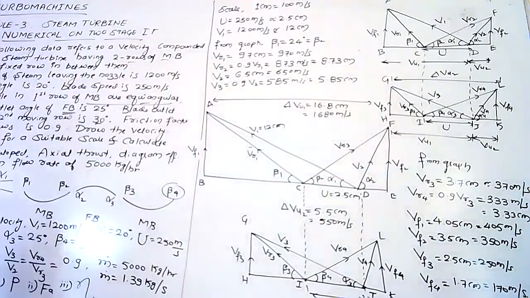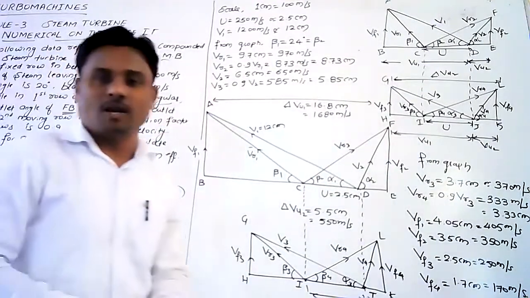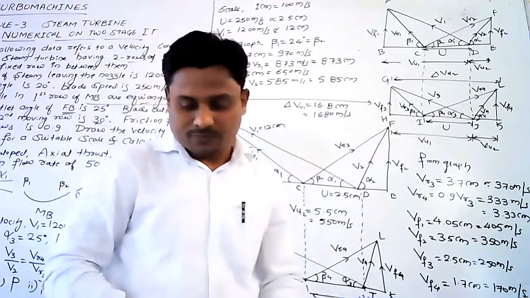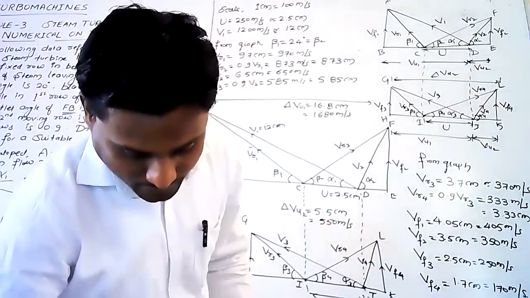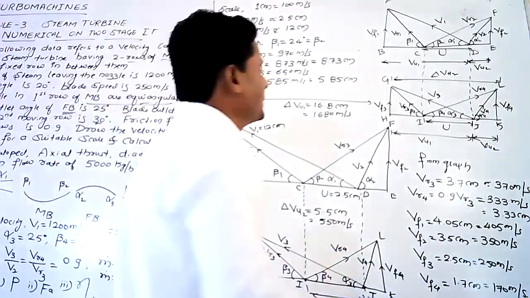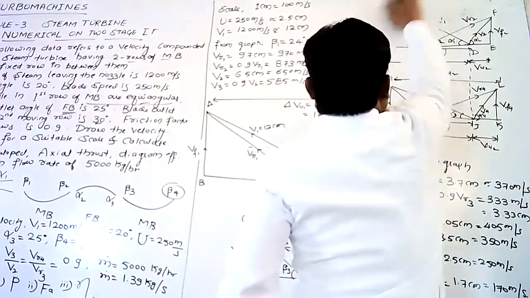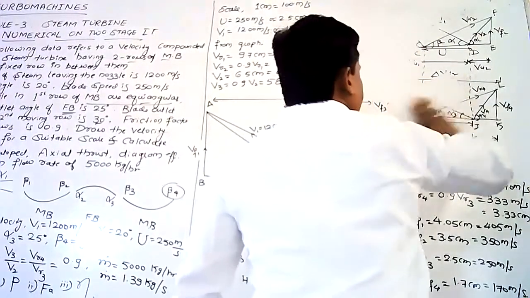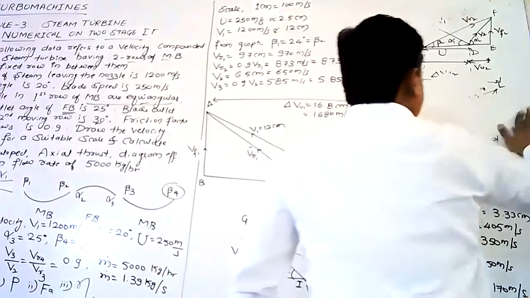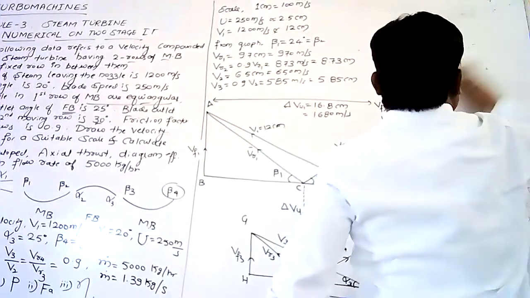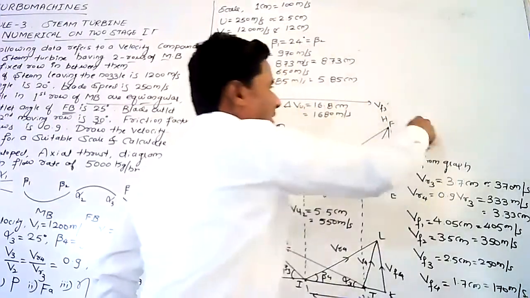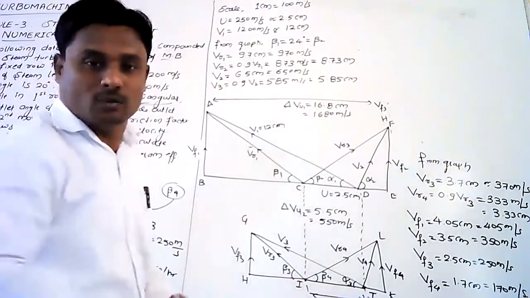So these are some values which we have obtained from the graph. Now let us proceed for the calculation of various unknowns, that is power, efficiency, axial thrust, etc. Now let us calculate all the unknowns.